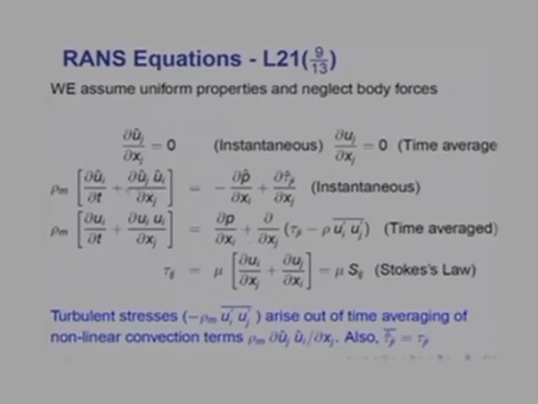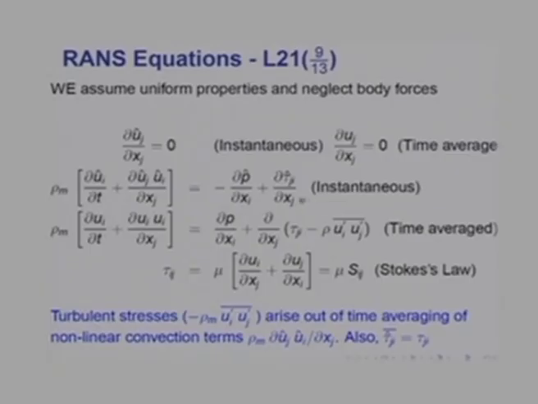I have transferred that u dash term to the right hand side, so that you get d by d x j of tau i j, which is the laminar stress, which is derived from this, minus rho u i dash u j dash, which is the time average.